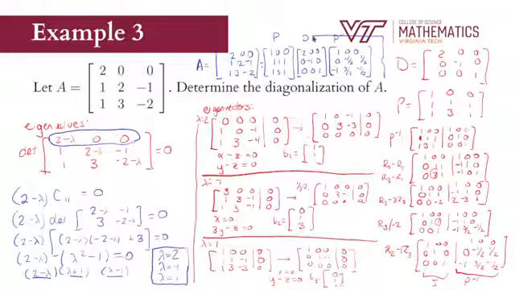And that is the diagonalization of the matrix A.